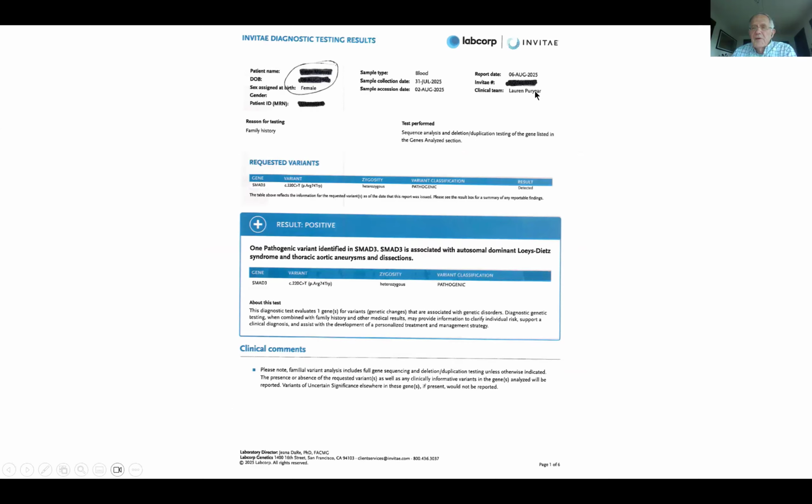Lauren Puryear is a member of our genetic counseling group. And there was a request to look at a familial variant, SMAD3, with this particular alteration, C 230 C to T, and the protein being arginine 74 to tryptophan, that is known to be pathogenic. So that's been seen in other family members. And here the result is positive.